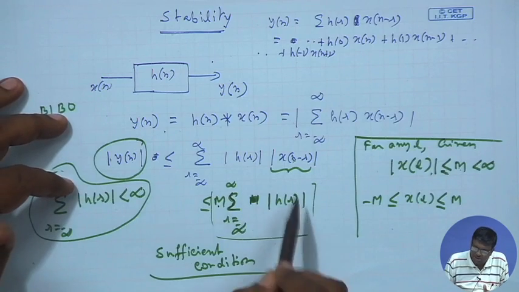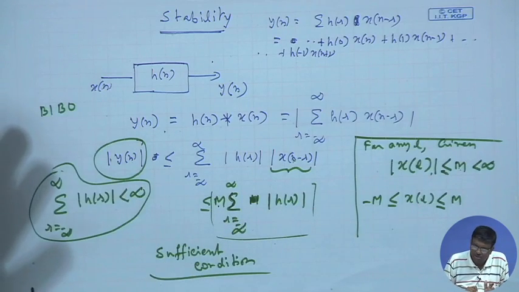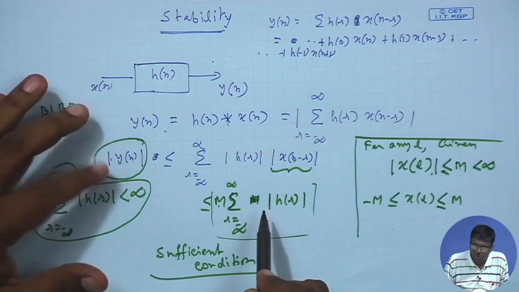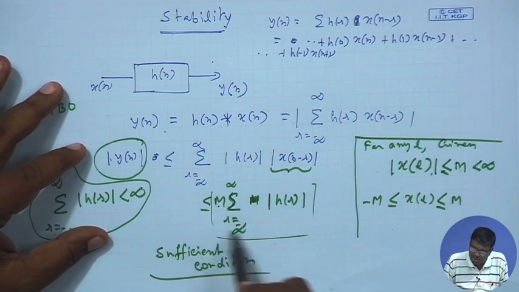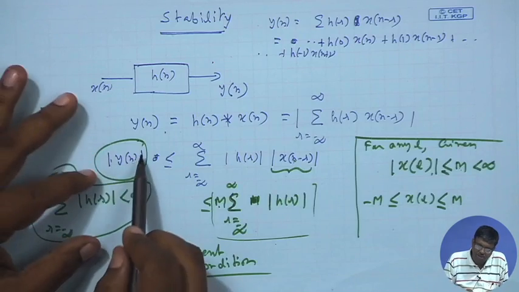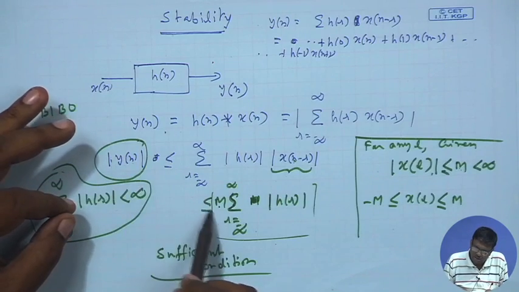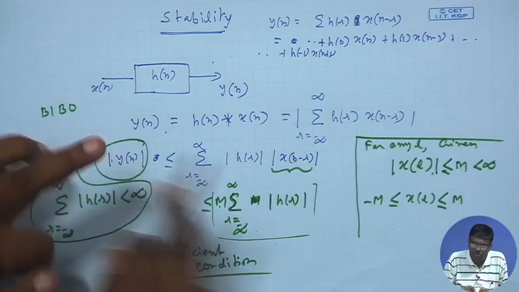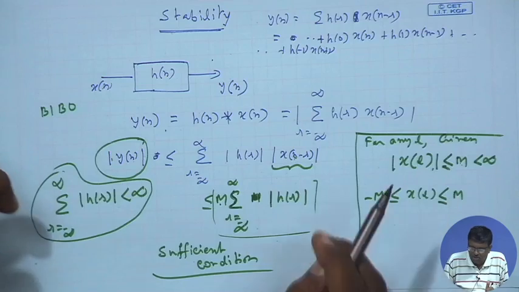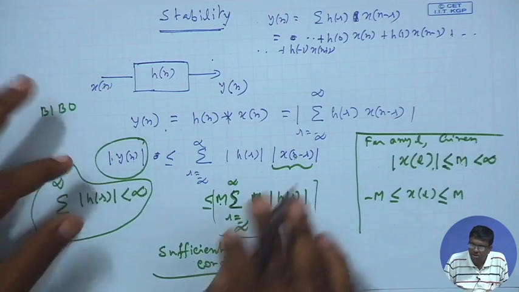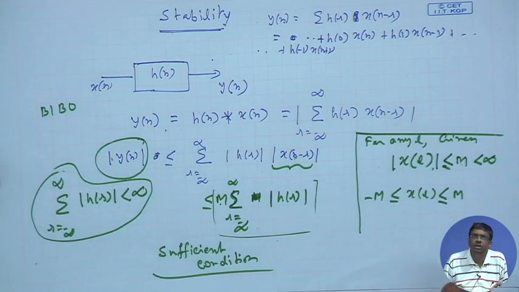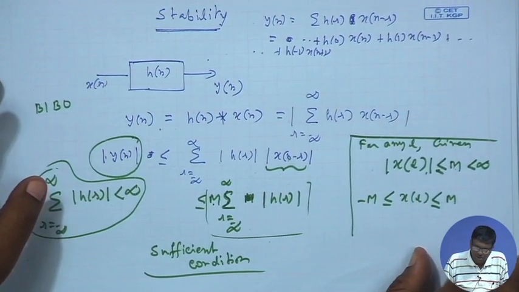It is a sufficient condition, but not a necessary condition, because even if the summation shoots up to infinity, in some cases mod y[n] can still be finite. Nevertheless, to be always on the safe side, we try to enforce this sufficient condition in our filter designs and other processes.